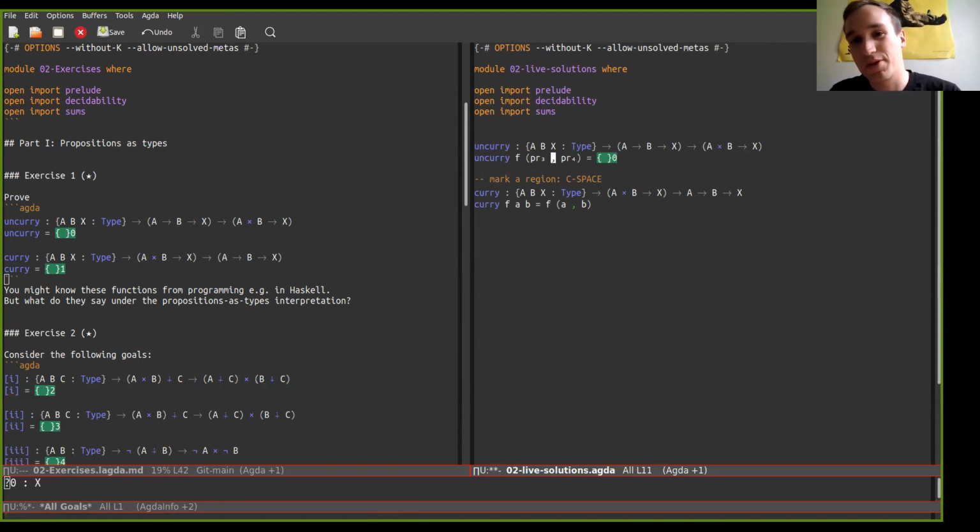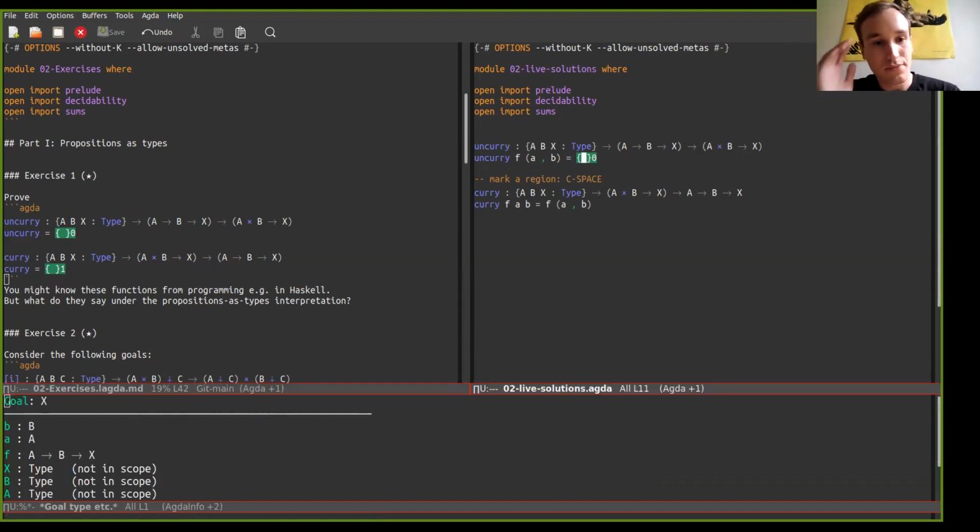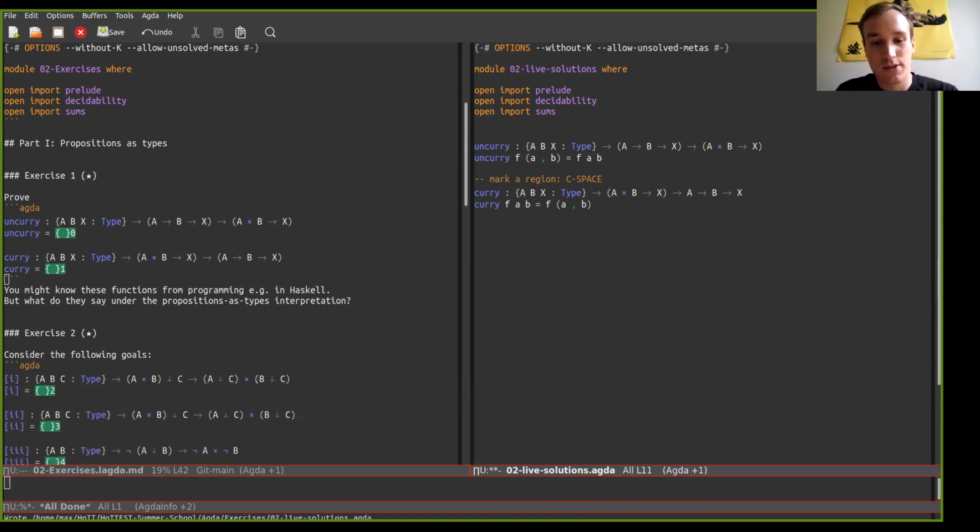But maybe we're not too happy with these names, and we want to rename them. So it's often easier to just write them out as pairs right away when you put them to the left of an equal sign. Okay. So then the goal becomes F A B. Done.